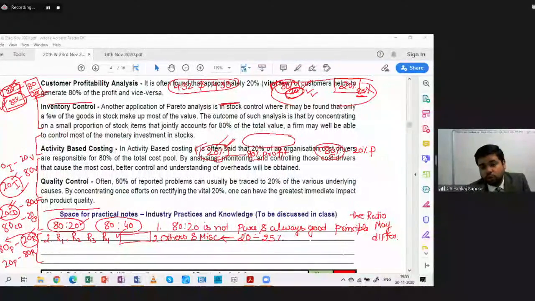If they are more than 20 to 25%, try to break it down.